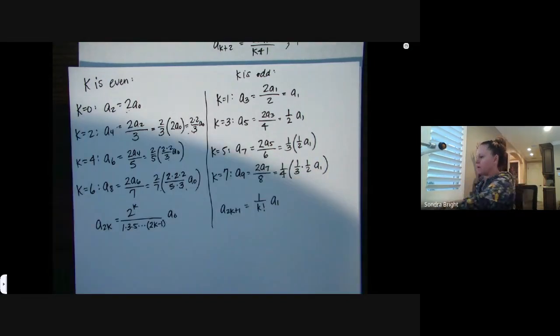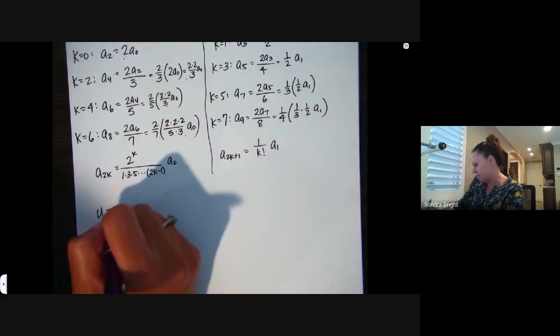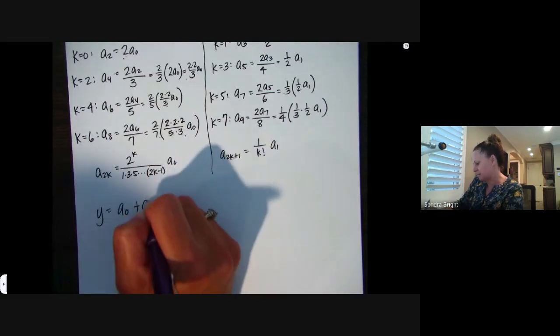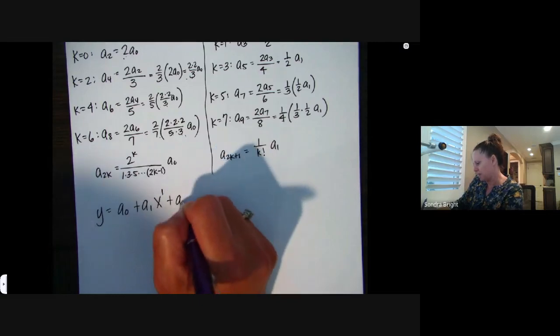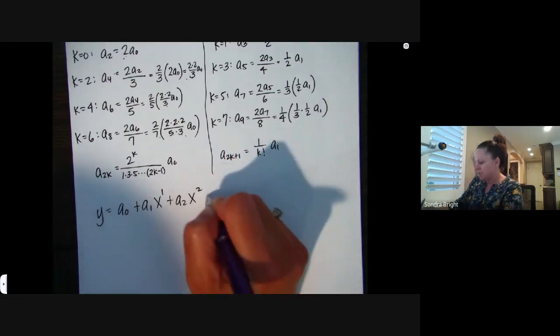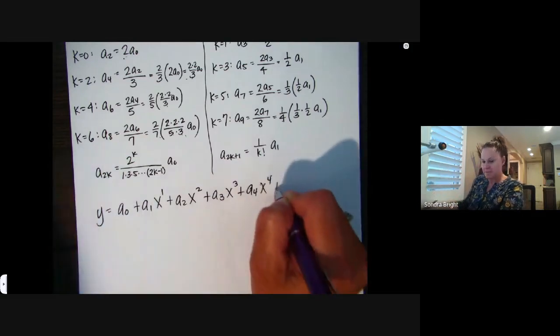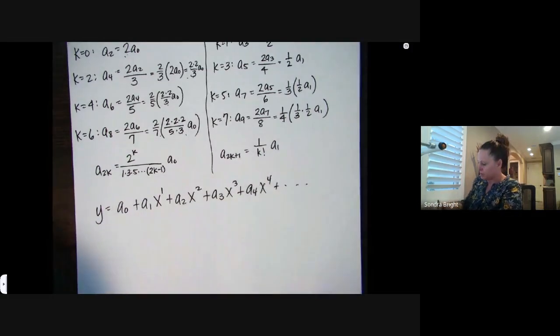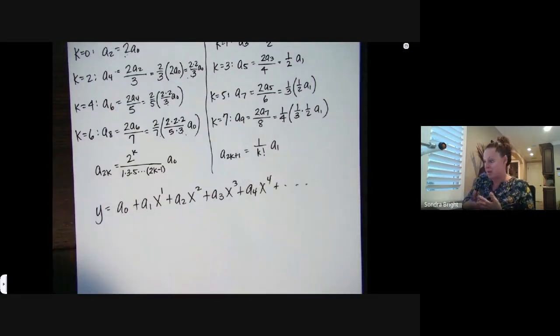All right, so your general power series is y equals A naught plus A1 times x to the power of 1 plus A2 x squared plus A3 x cubed plus A4 x to the 4th, blah, blah, blah, right? So that means that you're going to just go and replace these. So I'll show you how you write it when the pattern is not obvious.